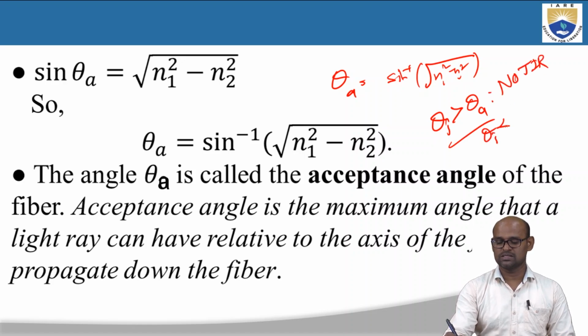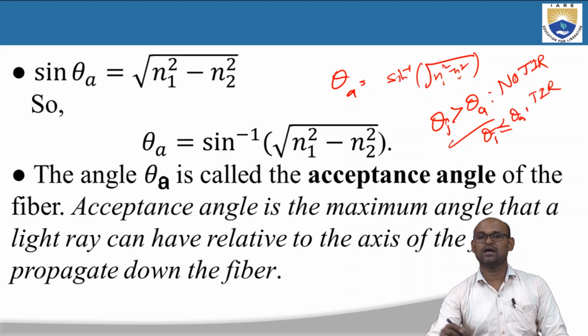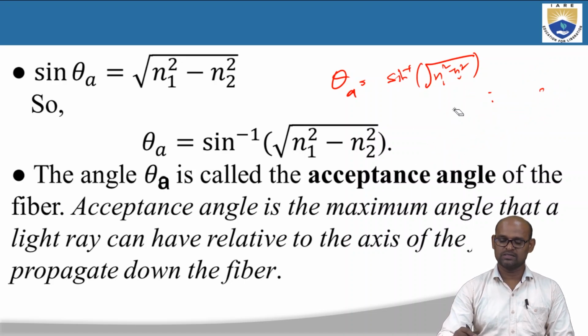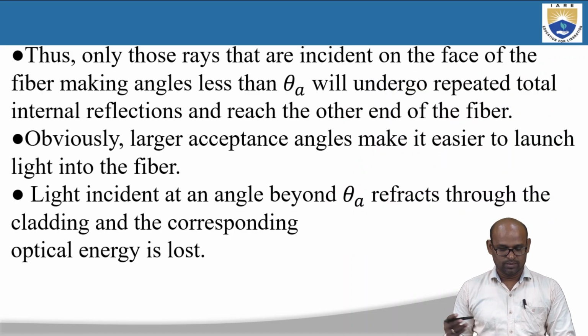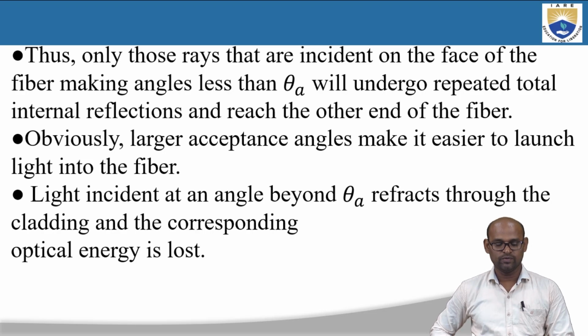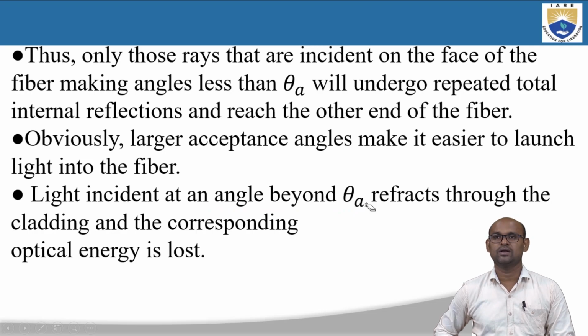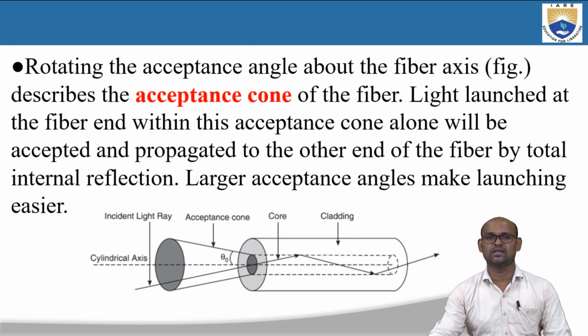Theta I must be less than or equal to theta A for total internal reflection. If theta I is greater than theta A, there will be loss of light, because there will be refraction of the light. If theta I is less than or equal to theta A, then light will undergo total internal reflection, and whatever amount of input you are giving, that amount of output you will receive at the output.